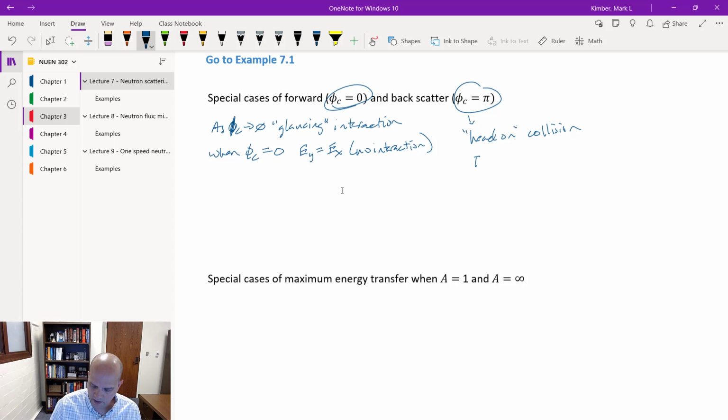And the expression here, if I substitute phi sub c equal to pi, then my relative decrease in kinetic energy is going to be equal to the following: a squared plus 1 minus 2a over 1 plus a squared. Now this numerator is the same thing as a minus 1 squared, and this is a plus 1 squared.